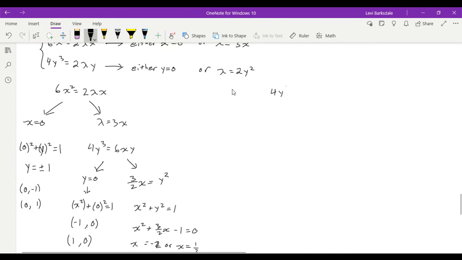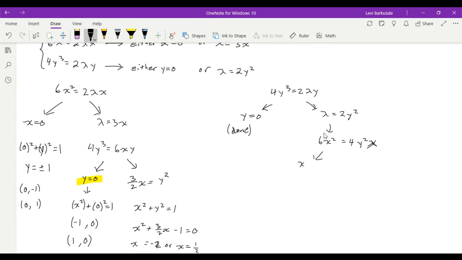So we have 4y cubed is equal to 2 lambda y. If we take y equal to 0, then we've already found our critical points right here, so we can just say done. If lambda is instead equal to 2y squared, then plugging it in, we get 6x squared is equal to 4y squared x.